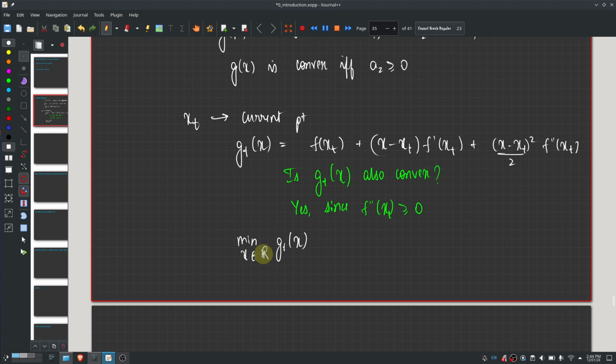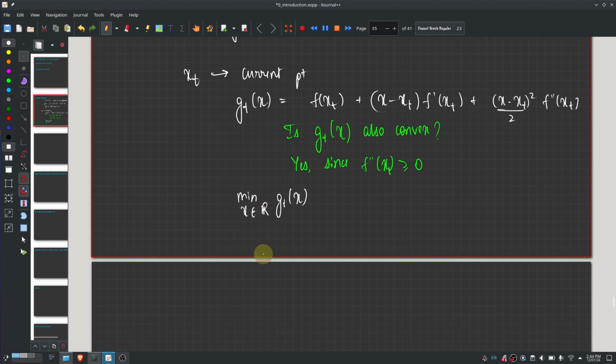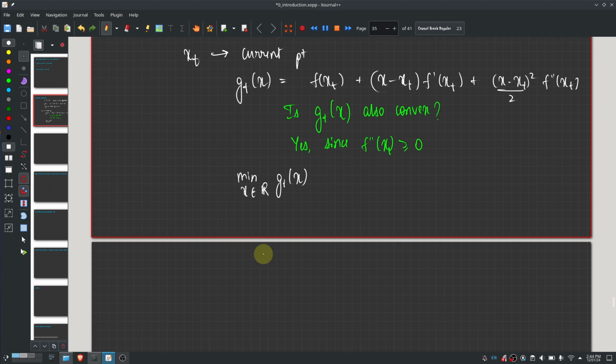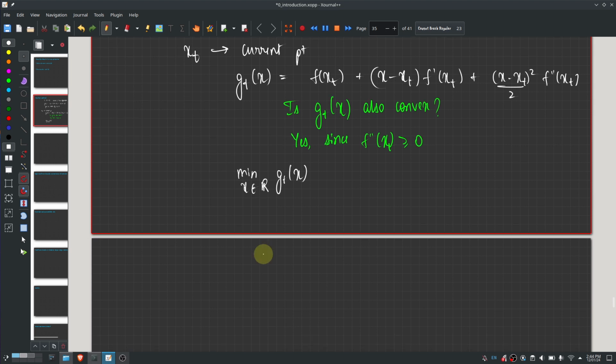Okay, so it's unconstrained minimization of this function gt. How would you do this? Just take the derivative, set it equal to 0, right?